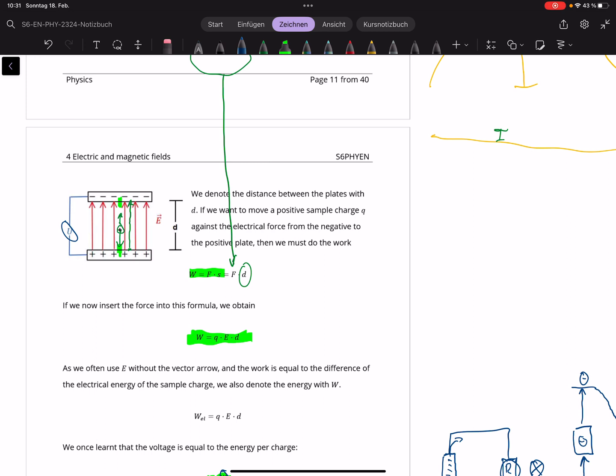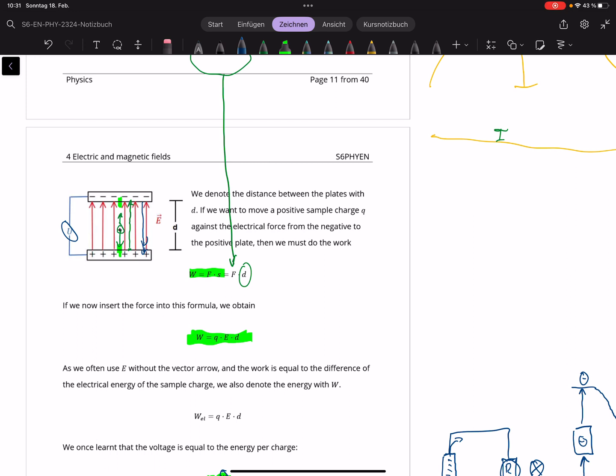So what we want to try in order to store as much energy as possible is to keep the distance as small as possible, but we can't go too close to the other plate, because if we have a medium here like air, it can happen that the charges just jump to the other side, like small flashes or something.